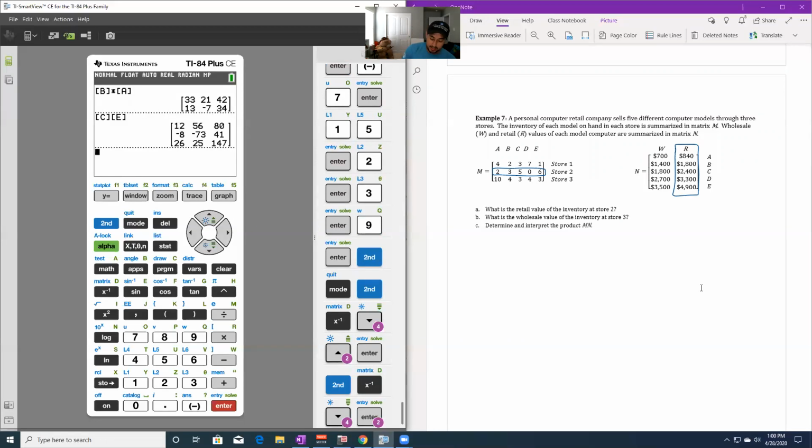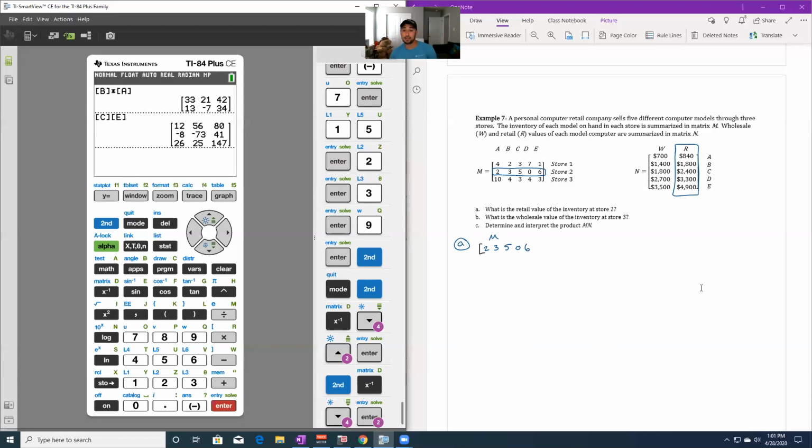So this is going to be A. So our matrix M that we've taken out is 2, 3, 5, 0, 6.